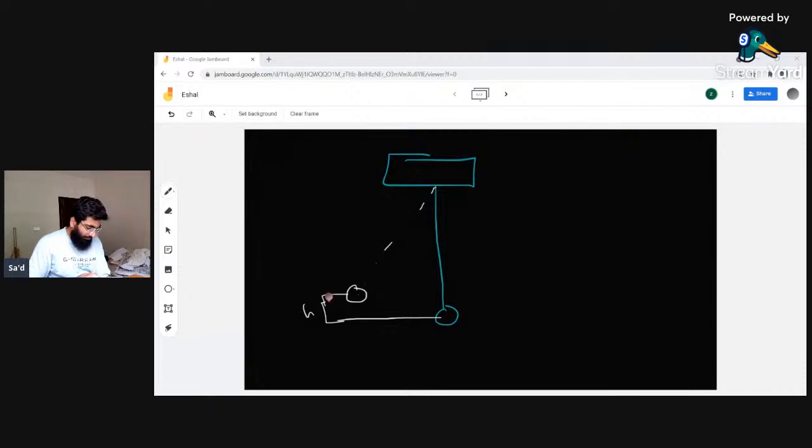Because of this, at this point when it's stationary and standing over here, PE would be 0 and KE is also 0 when it's stationary. But let's say I move it to this point. At this point, it would have gained some height, and its PE would be equal to mgh.